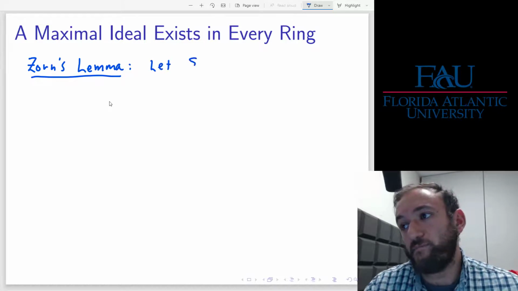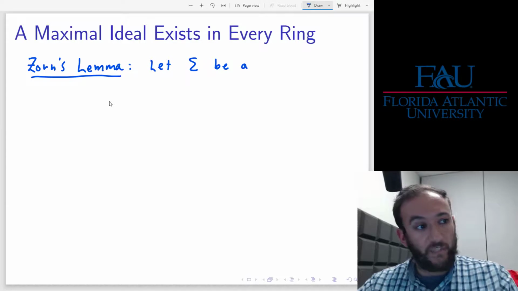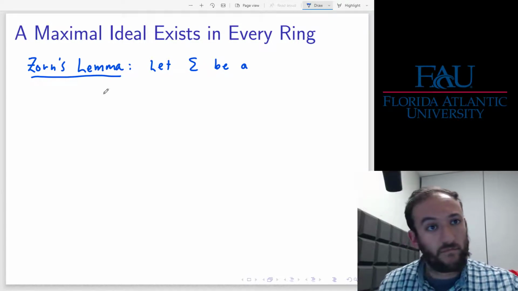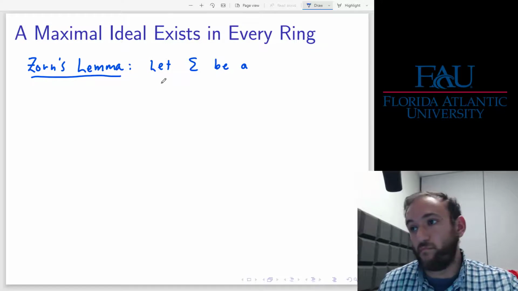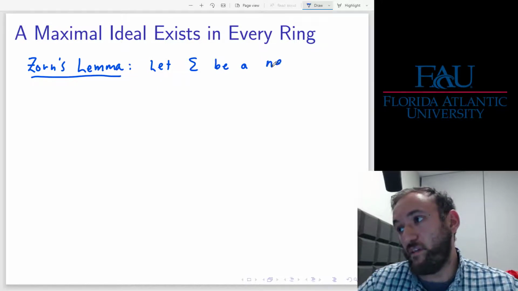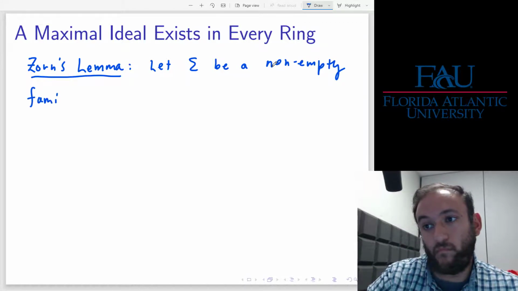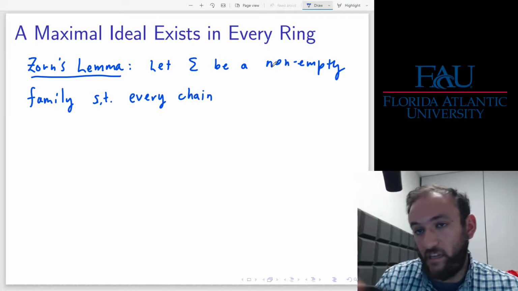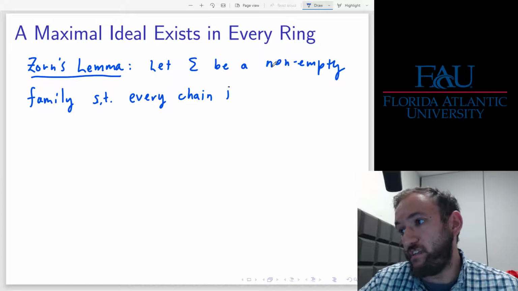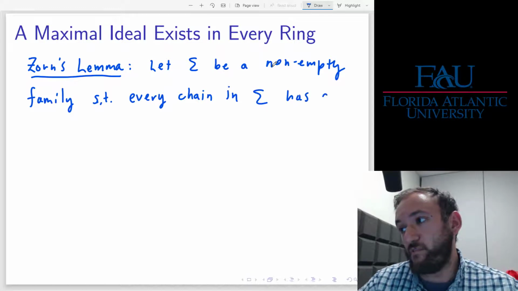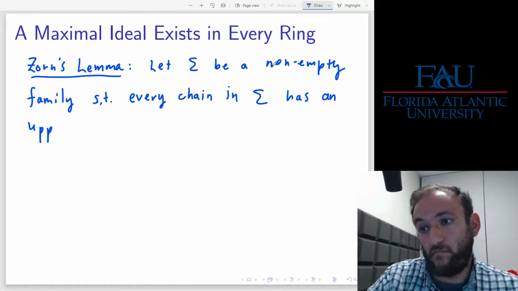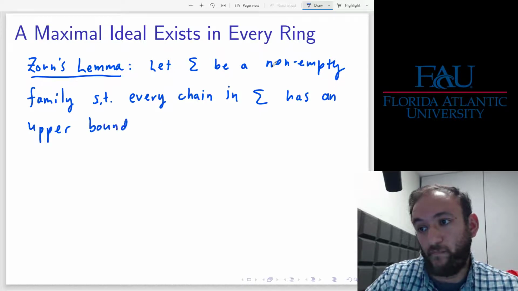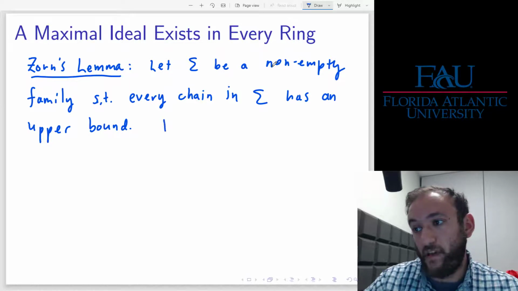If we let sigma be a non-empty family such that every chain, and a chain is a totally ordered set, every chain in sigma has an upper bound, then sigma has a maximal element.